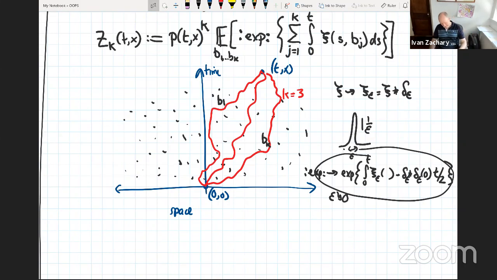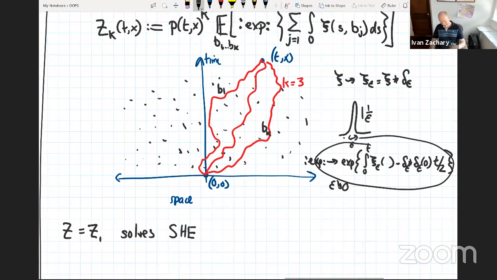Before I do that, let me mention a connection between Z1 and some objects that you may have heard of. If I call Z, just dropping the index, Z1, then this solves something that's called the stochastic heat equation. In fact, what's written can be understood as a Feynman-Kac representation for the stochastic heat equation.